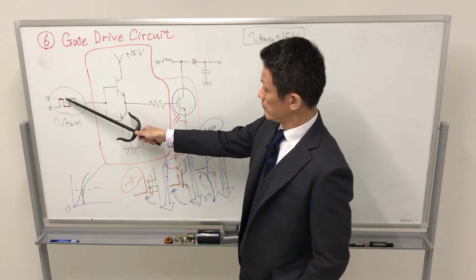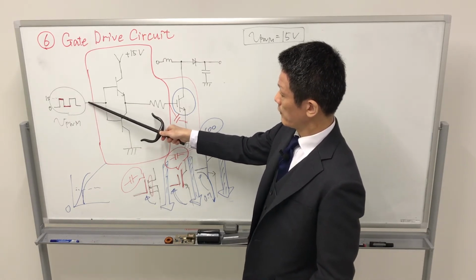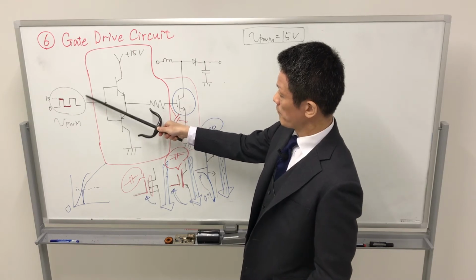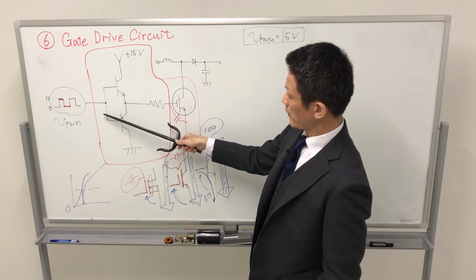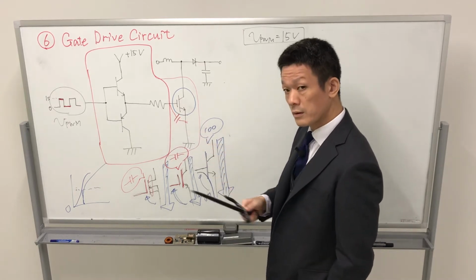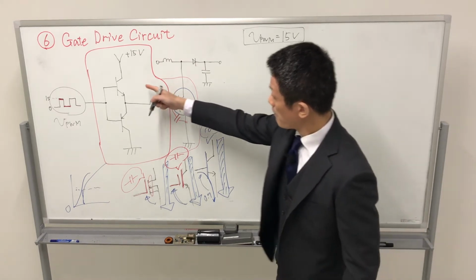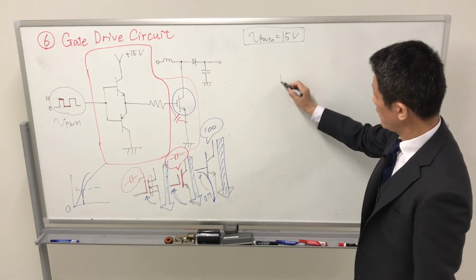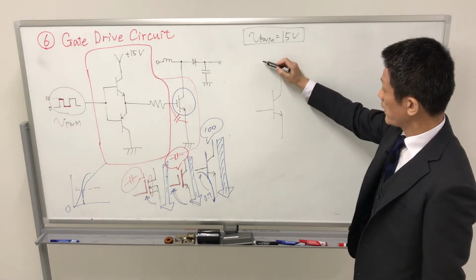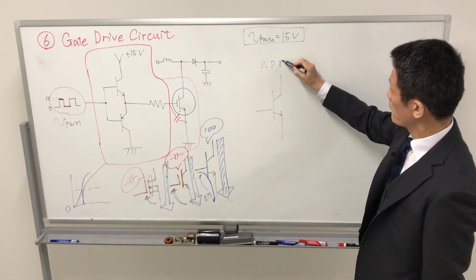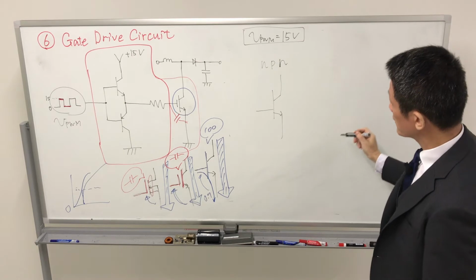In the case of 15 volt, on the positive power line side, current cannot flow through this one because the upper side semiconductor is an NPN, an N-channel bipolar transistor.